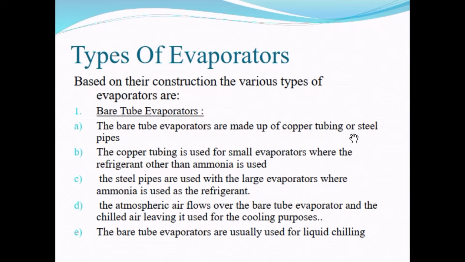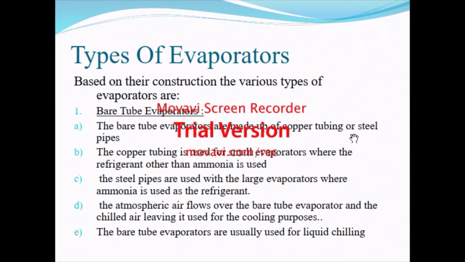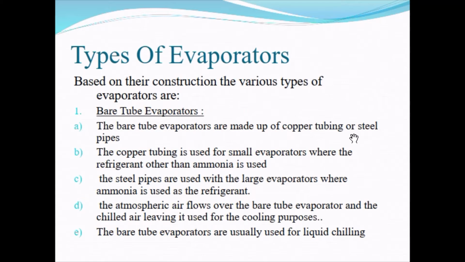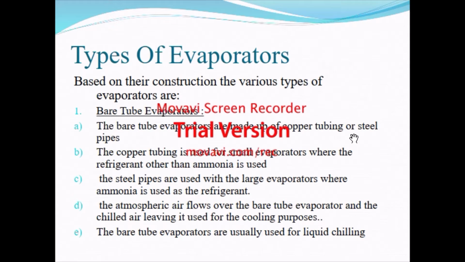The bare tube evaporators are made up of copper tubing or steel pipes. The copper tubing is used for small evaporators where a refrigerant other than ammonia is used. The steel pipes are used with large evaporators where ammonia is used as the refrigerant.